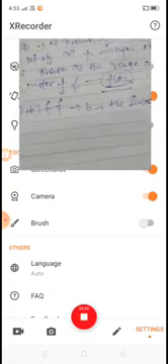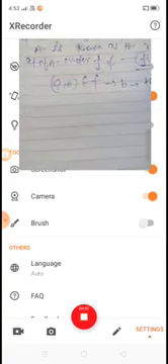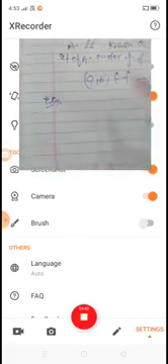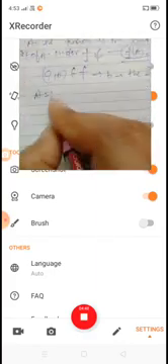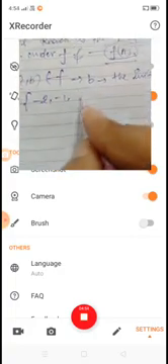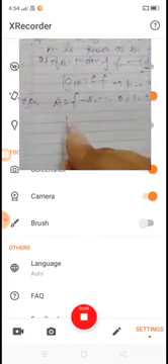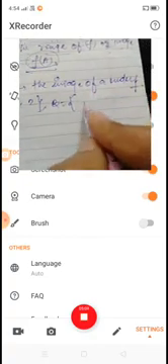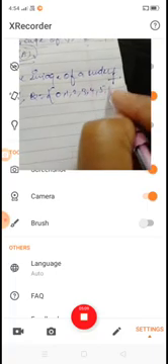Now it is clear. Let's take an example. Suppose two sets here. Let set A be equal to {-2, -1, 0, 1, 2}, and another set B be equal to {0, 1, 2, 3, 4, 5, 6}.